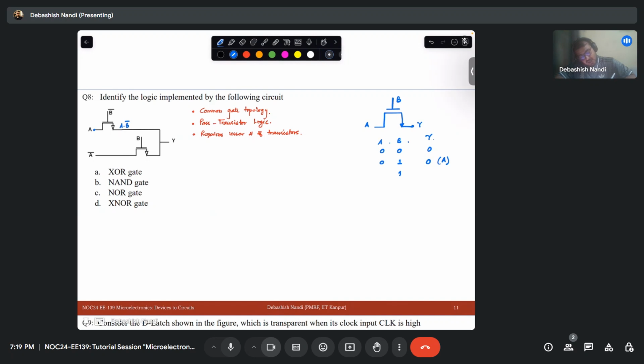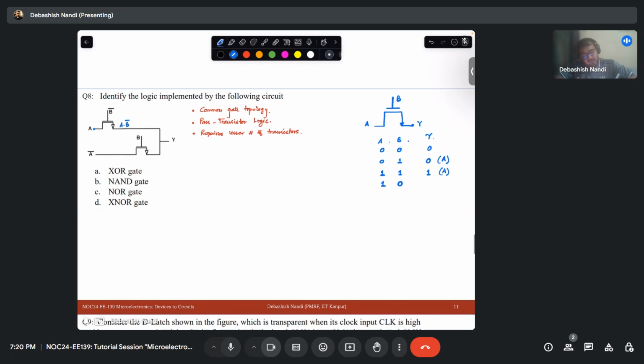Similarly, when both are 1, Y will be 1, and when A is 1 and B is 0, the transistor is off, no channel, so Y will be 0. So this is representing the logic A and B.